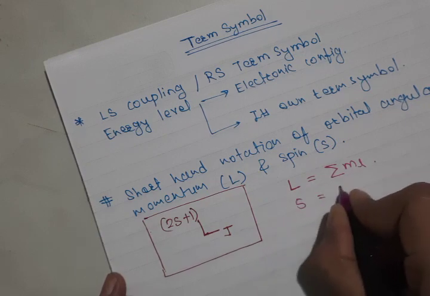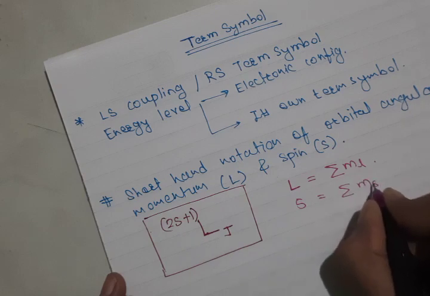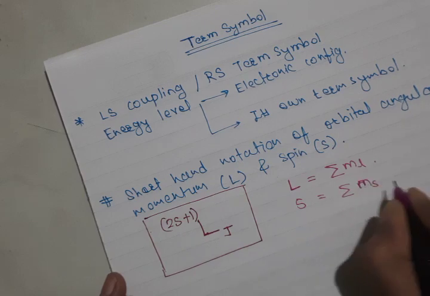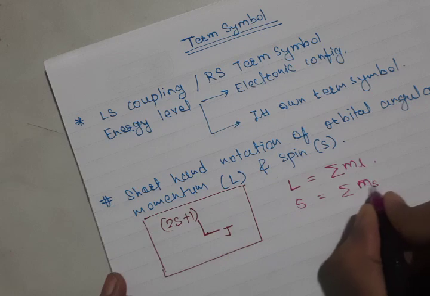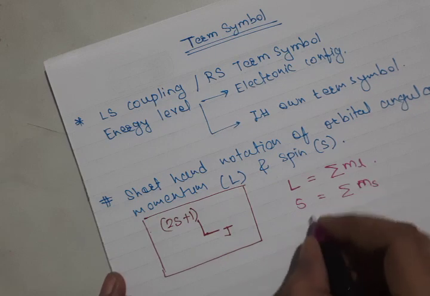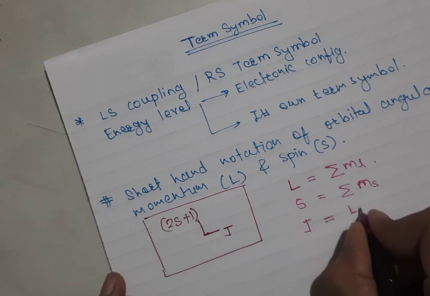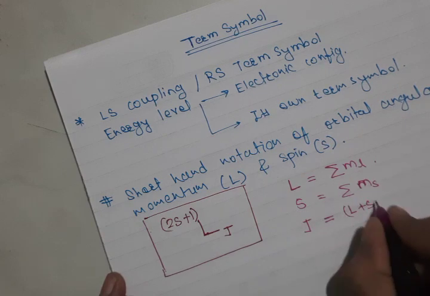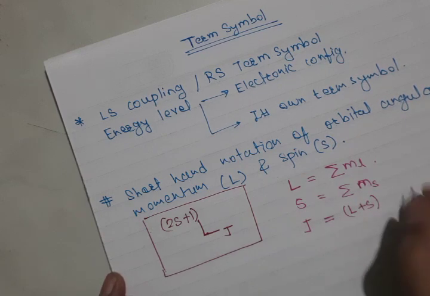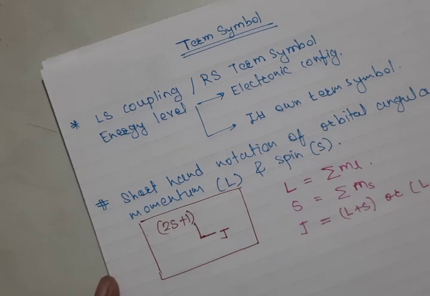S is also the summation of ms values. What is the ml value and what is the ms value? I'll explain by taking one example. And J is a combination of L and S. It is L plus S or L minus S. So when to take L plus S and when to take L minus S? I'll tell you.